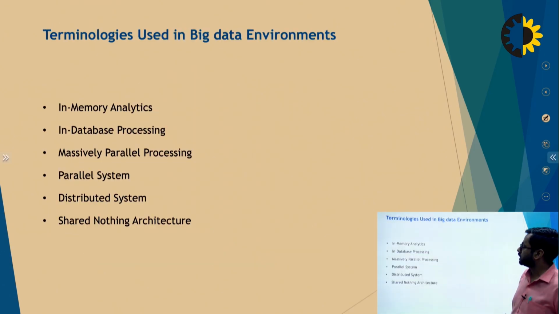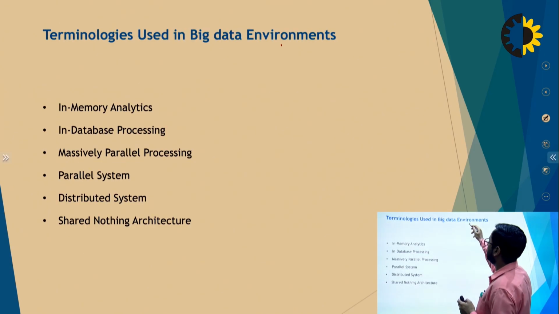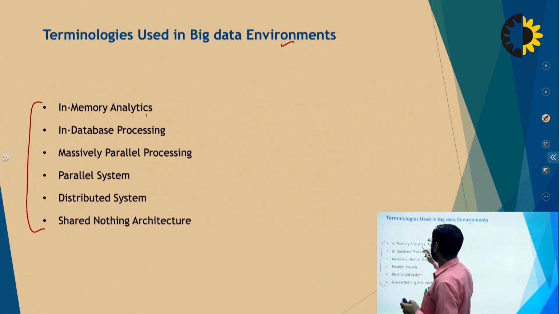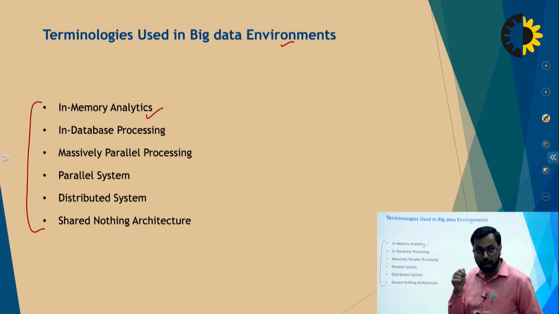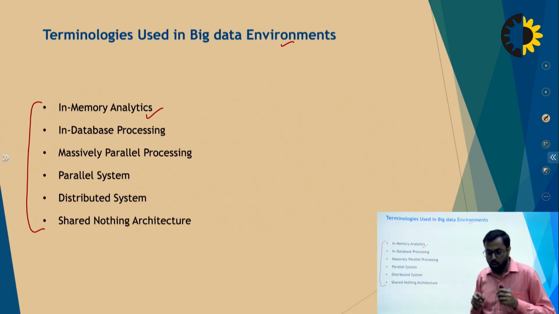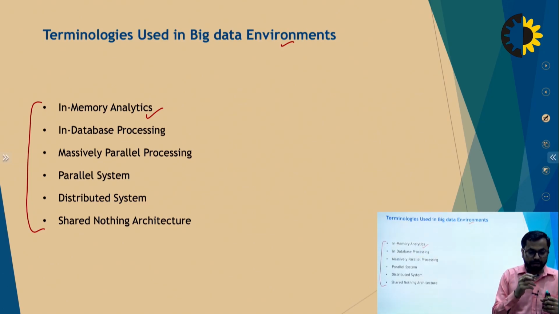So what terminology is used in the big data environment? The first is in-memory analytics, which is about the existing tools and storage. Let's suppose we provide an input to an existing database.